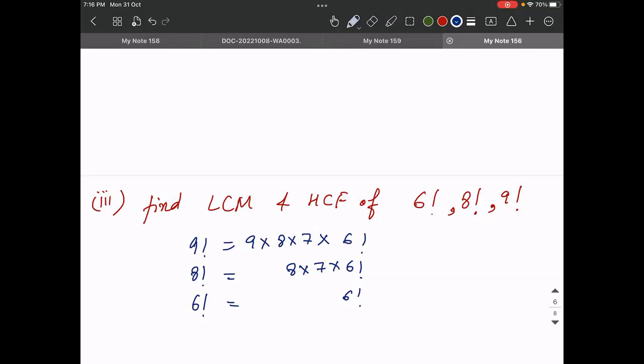And what is LCM? Lowest common factor, right? Least common multiple or lowest common factor, both are the same, right? Is it or not? No, it's not.